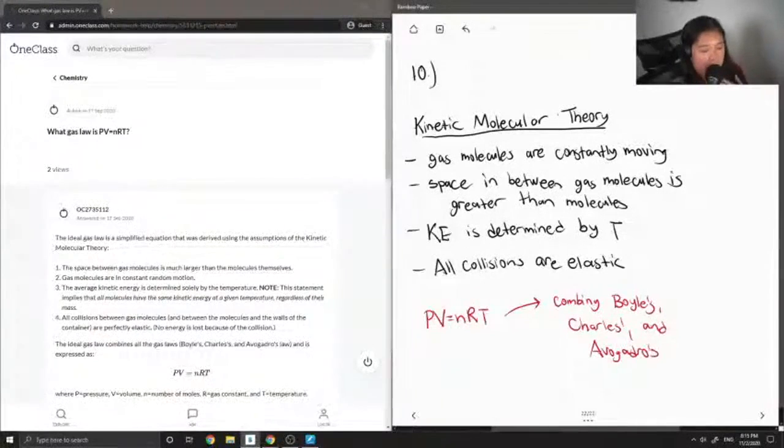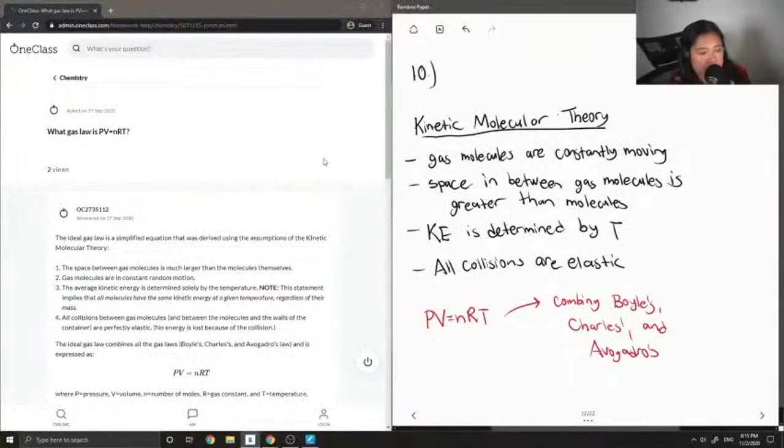I already went over what each of the different variables means, but I'll say it briefly again. It's pressure times volume is equal to number of moles times the gas constant R times temperature.